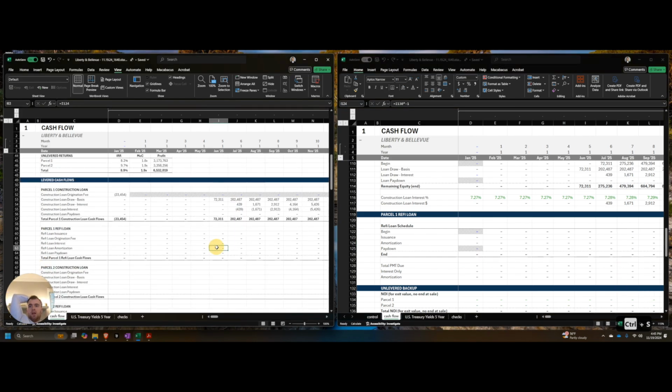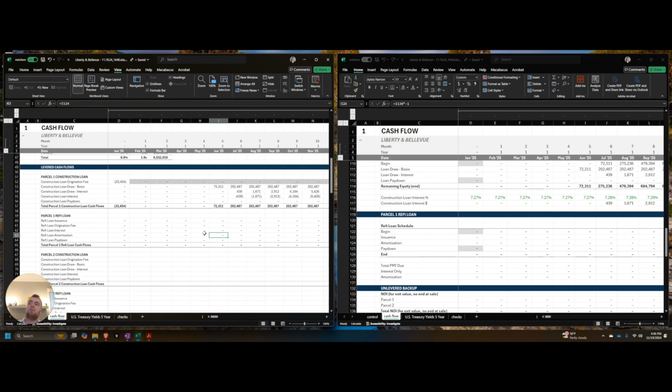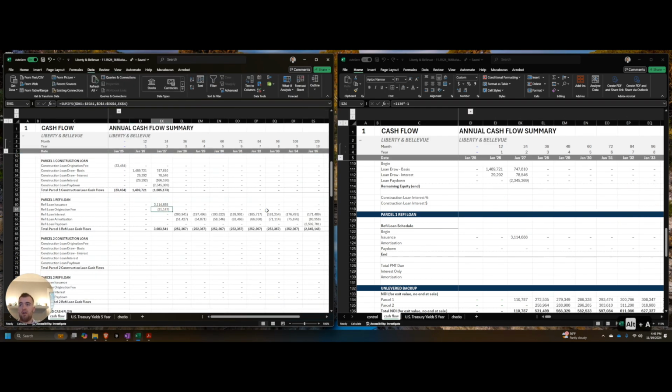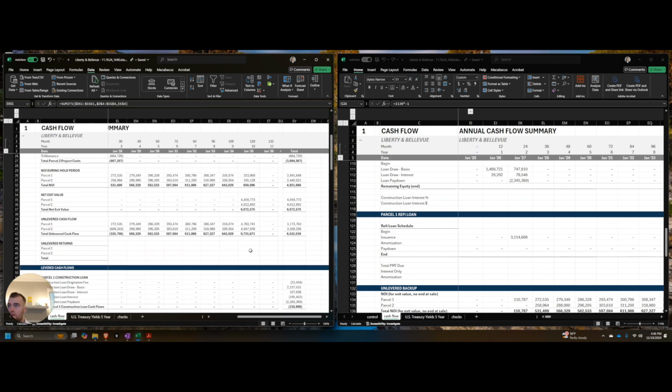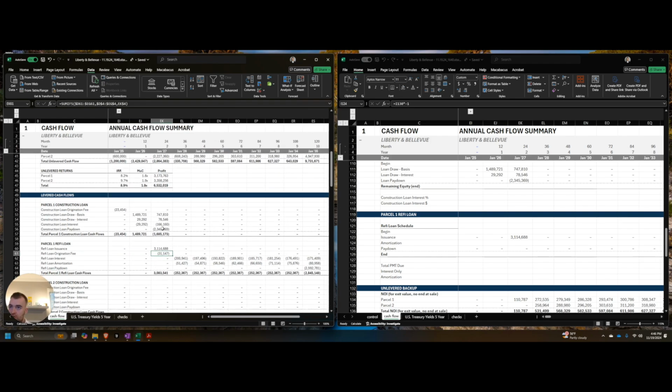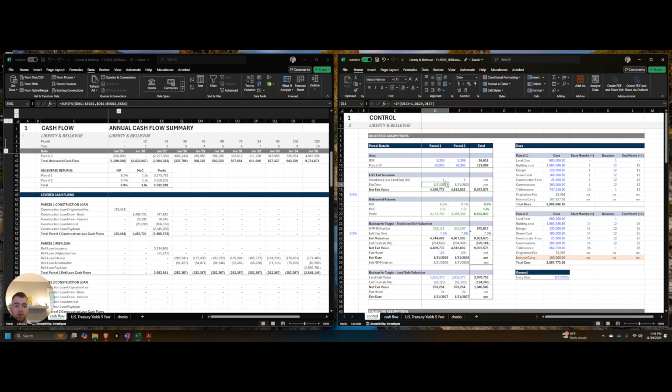I'm just trying to get this thing out in the next hour or so, I'd say. Let's just check. Where am I at? Yep. Okay, so we've got that. So let's just take a look at our annual cash flows. Looks good. Looks good. And before we draw this out, I want to actually just see what happens.